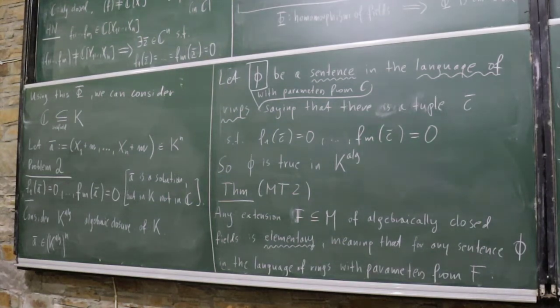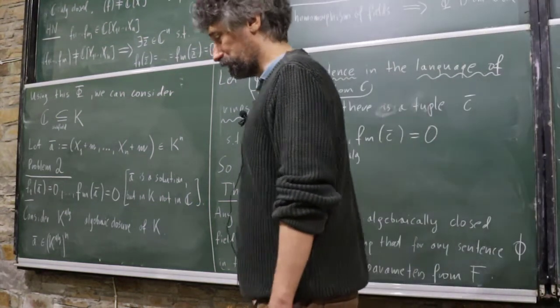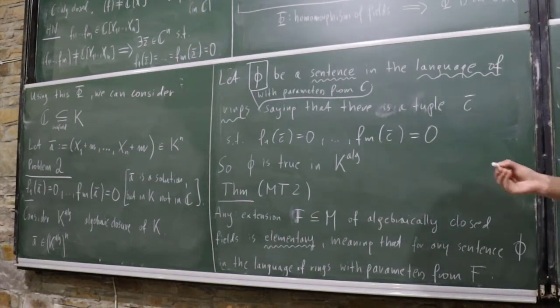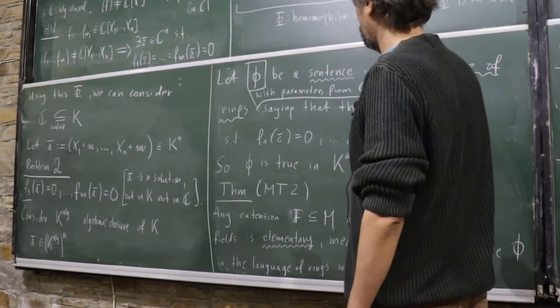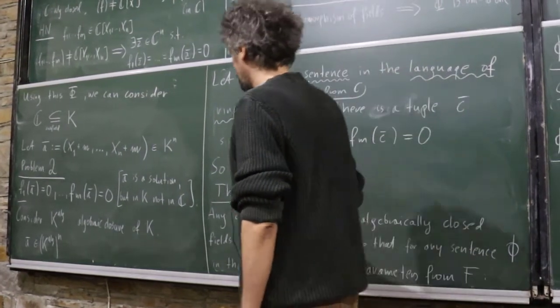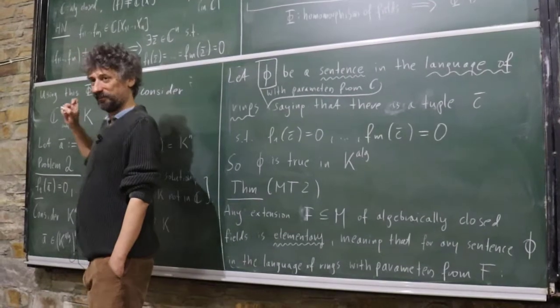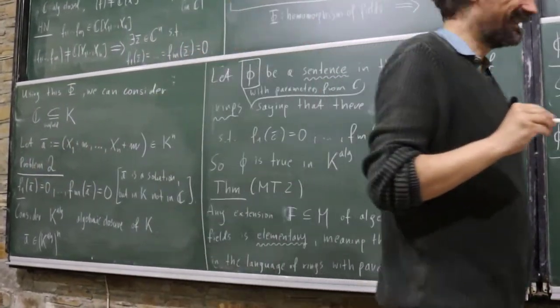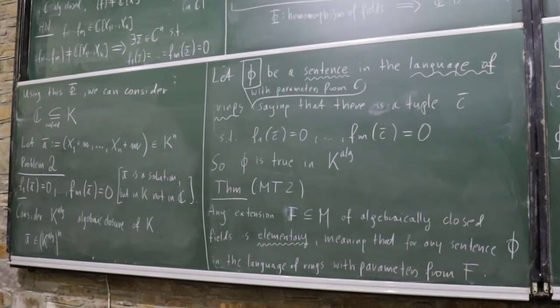Using this method. But actually there is a funny thing which is usually skipped, so let me say it. The truth is, but we don't know it yet, that this extension is trivial. This is equality. But that comes a bit later. So a comment on the side.